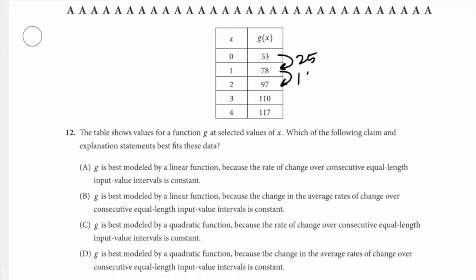Okay, so that's 19. 97 to 110. Well, 3 would be 100, so that's 13 and 7. All right, and then the second order difference is going to be -6, -6 and -6. So that means we're going to have a quadratic function, so we've got a constant second order difference.